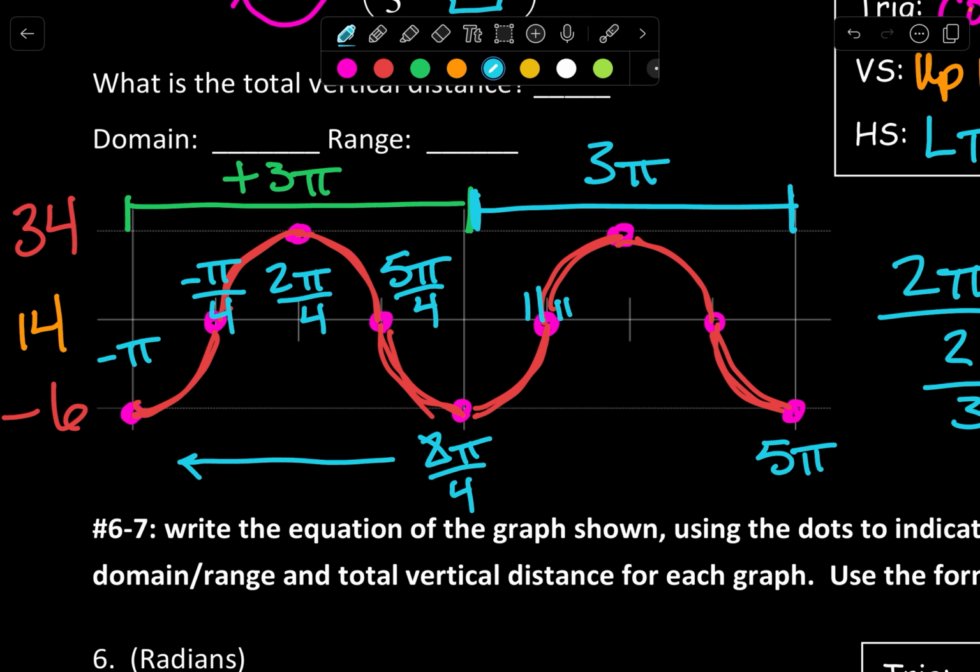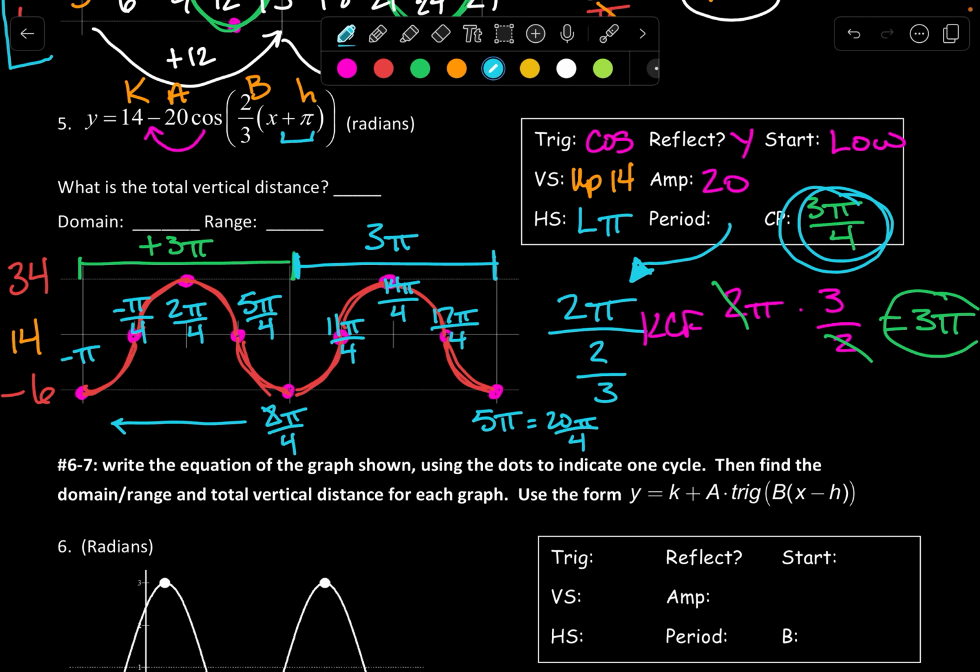Add 3, that brings you to 11. Add 3, that brings you to 14. Add 3, that brings you to 17. Add 3, that brings you to 20 pi over 4. And that looks like everything.